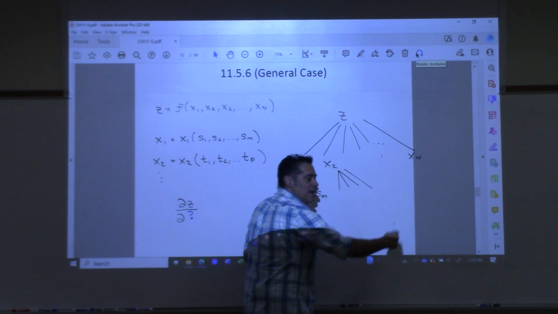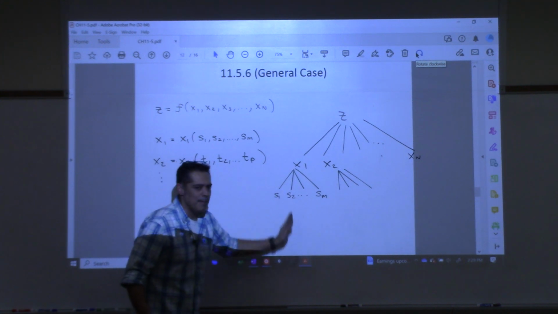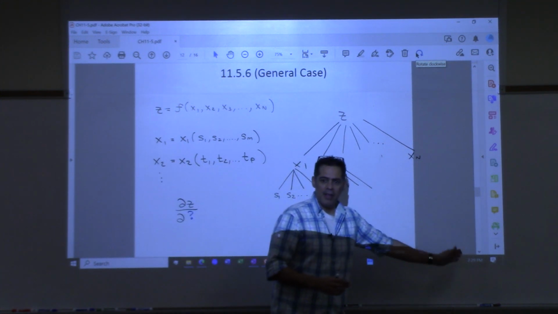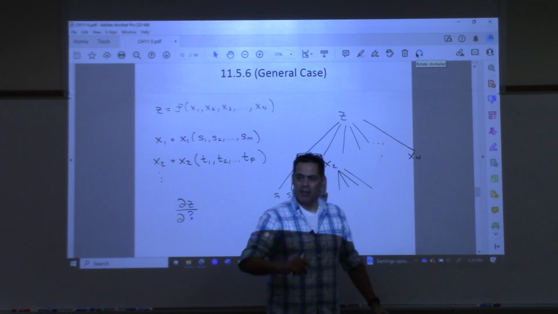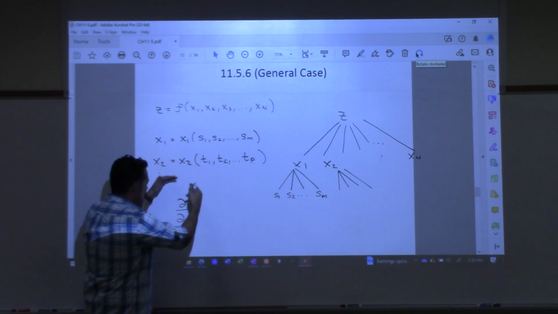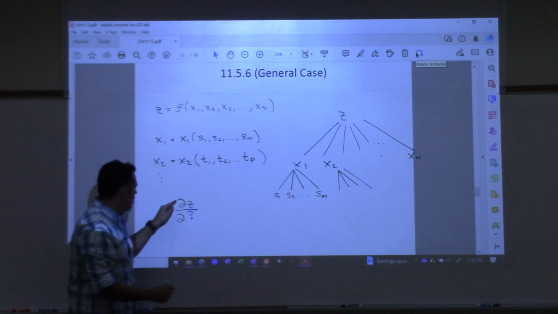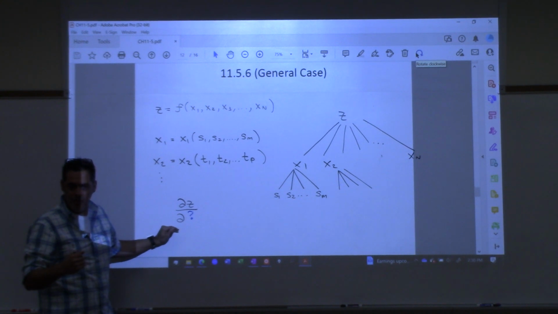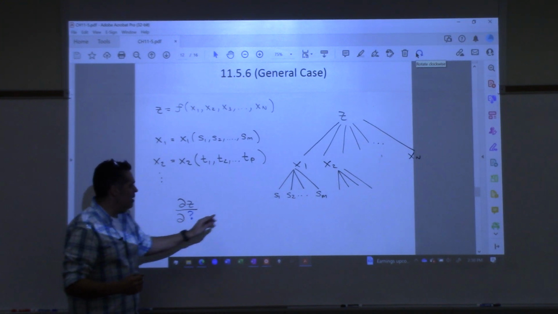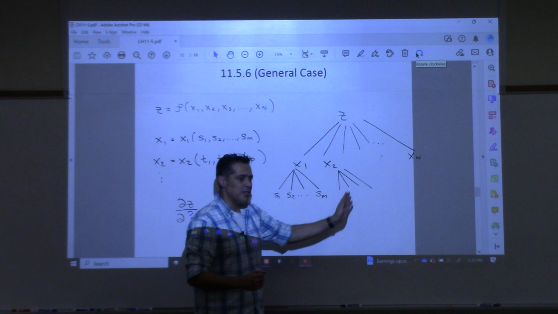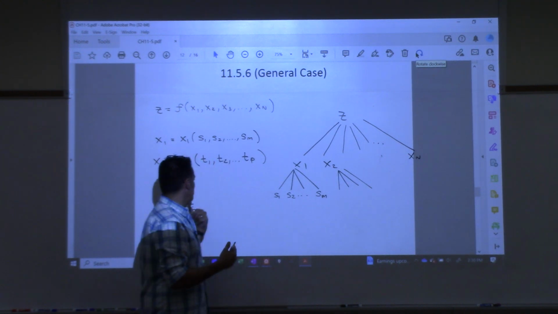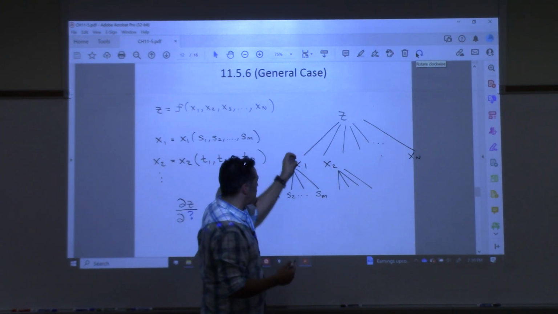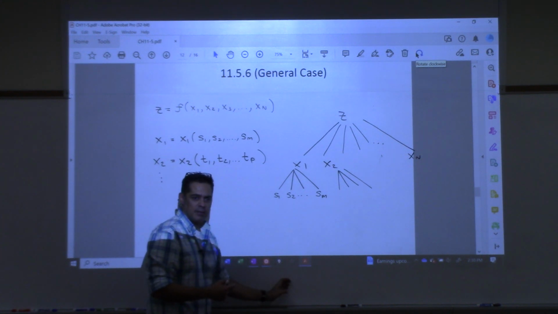If this variable is the bottom of every branch, then it's going to be a straight derivative. Let's say everything z comes down to one variable, then this turns from a partial to a straight derivative. But if the variable is only appearing in certain branches, then to do this derivative, you're going to have to go down each branch that has that variable in it, right?